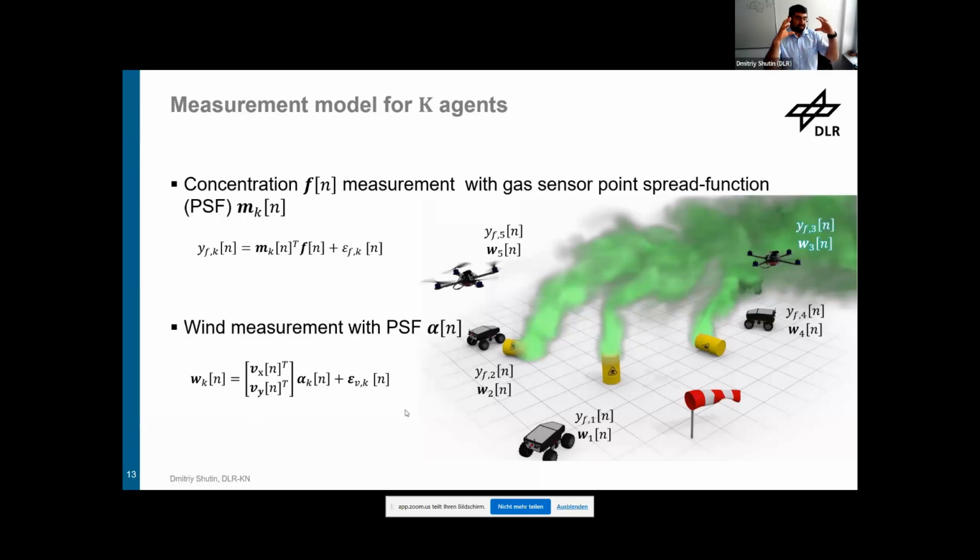We have a dynamical model that describes the process change in space and time. That will be our dynamical system. And we have a measurement system that describes how the state, which is our concentration, is observed. So this is the two-layer setup that we will use to describe the process of interest.